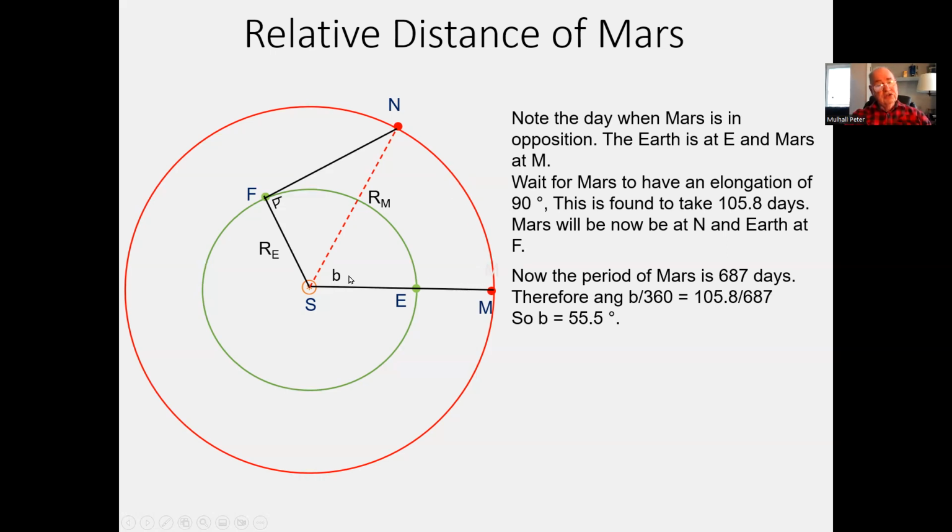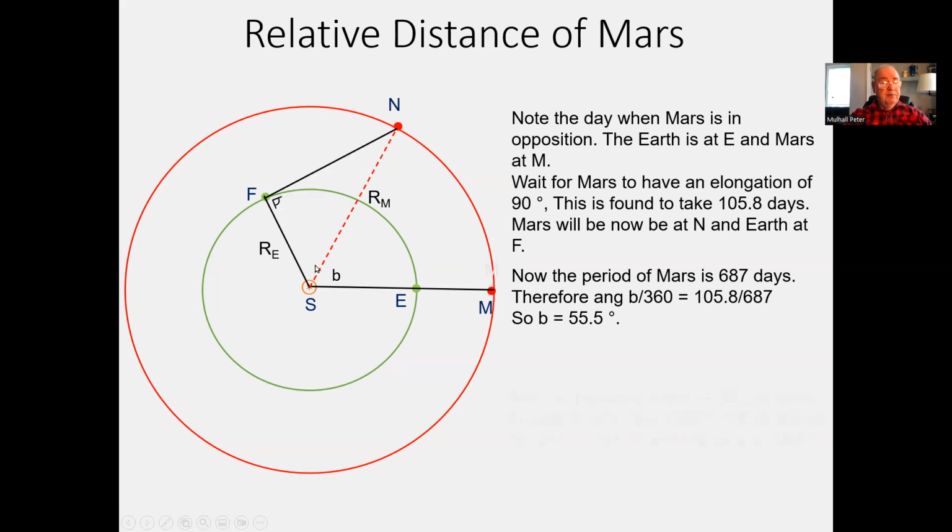And so look at what this angle B is. This is the whole orbit of Mars, which we now know. So the angle B is to 360 as 105 is to the period of Mars, 687, which we measured in the previous slides. So therefore we get angle B of 55 degrees.